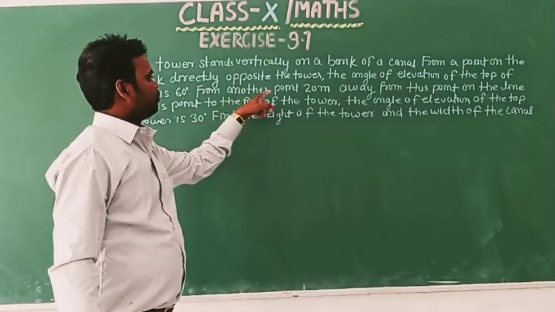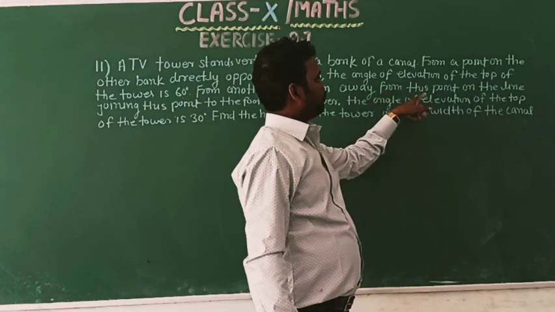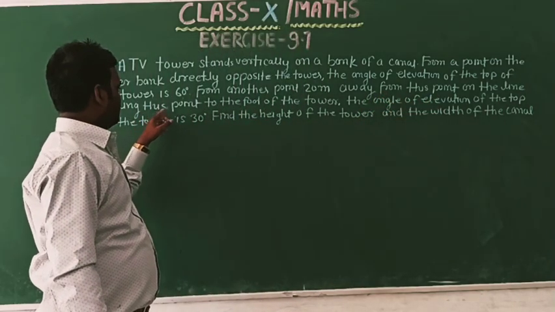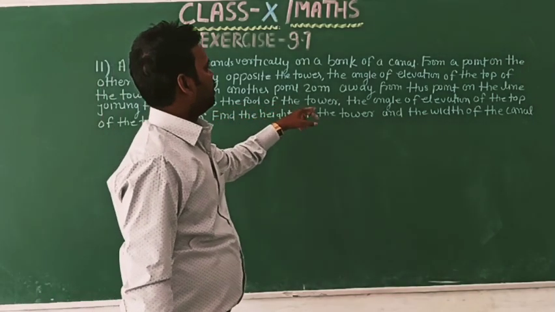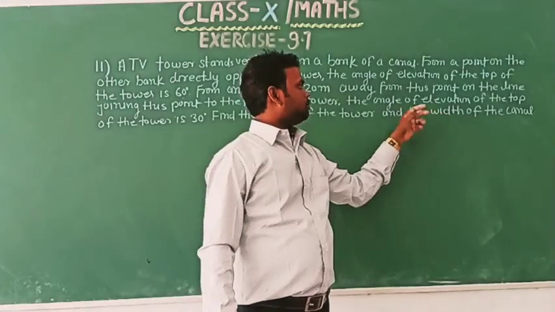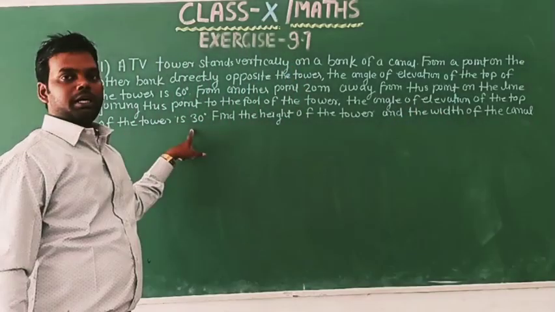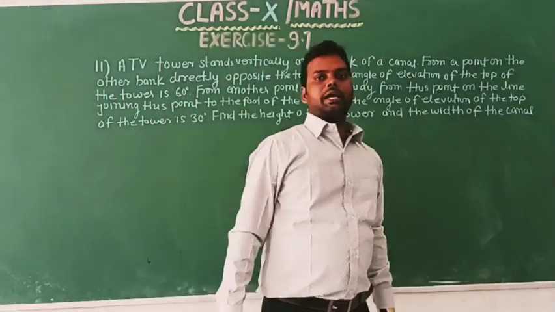From another point 20 meter away from this point on the line joining this point to the foot of the tower, the angle of elevation of the top of the tower is 30 degree. Find the height of the tower and width of the canal.